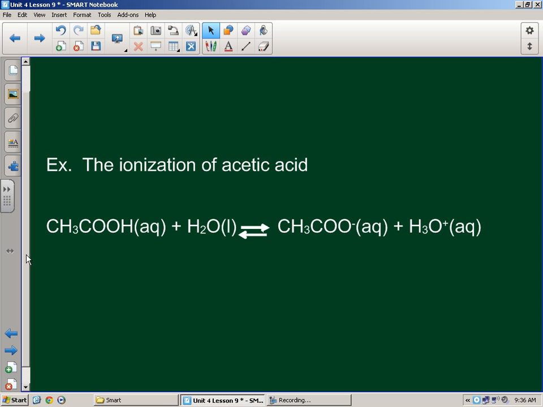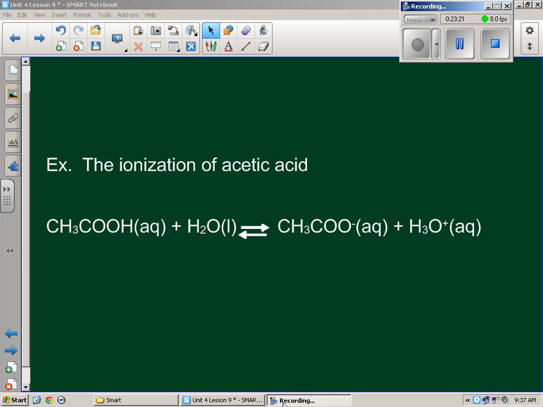Show me the H plus, proton donor, proton acceptor, and which way the H plus is going for both sides. Then we'll talk about the conjugate acid-base pairs once you get that done.